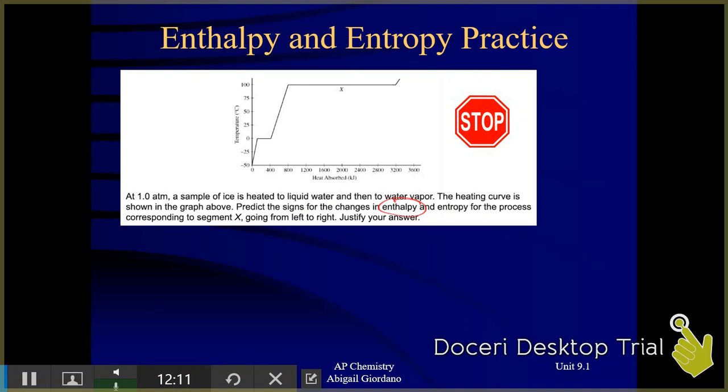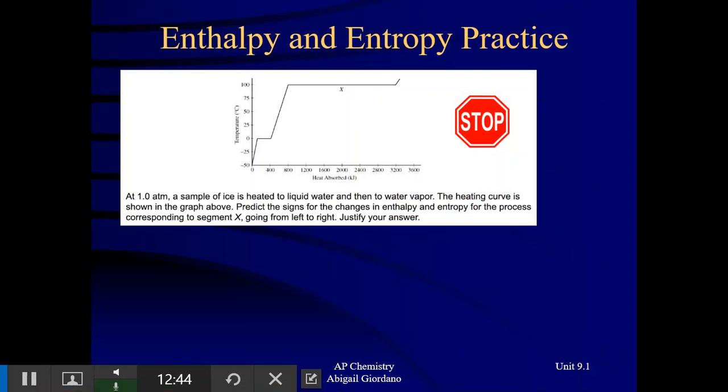Okay, predict the sign for delta H and delta S for the process corresponding to segment X, going from left to right, and justify your answer. So pause the video, see how you do.